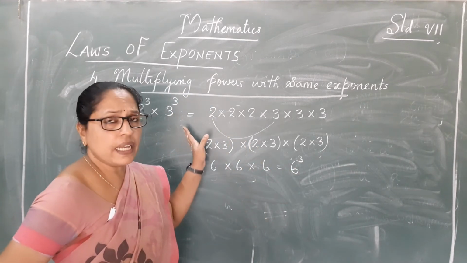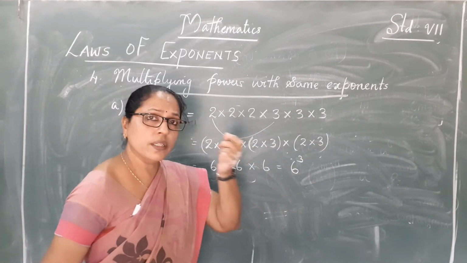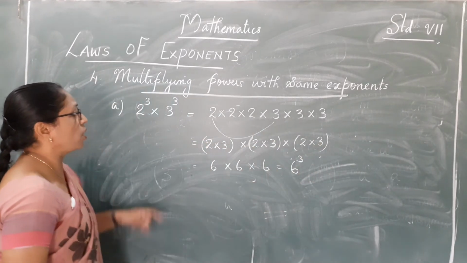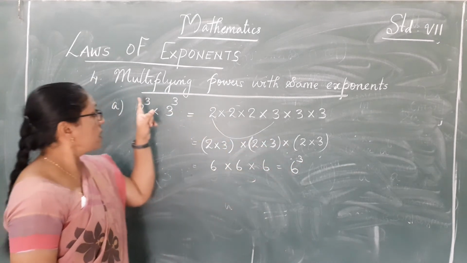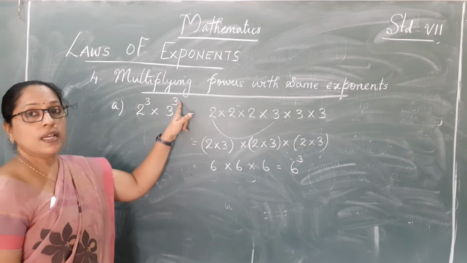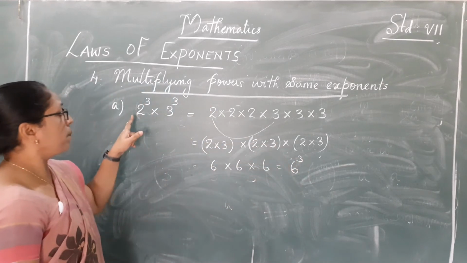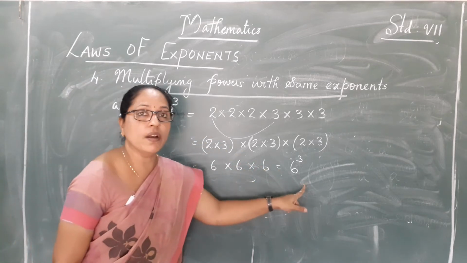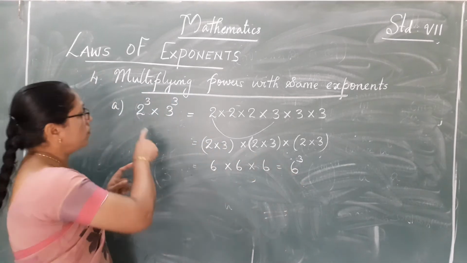Okay, for it, when it comes in the exam, you don't have to use the long way. You have to just put it in a short way. How do you put it in the short way? Look at here. Here, power is 3. That means whatever powers are here, the same power is coming. Okay, and changes happen instead of 2 and 3. What we got? 6. So to get this base 6, what we have to do?